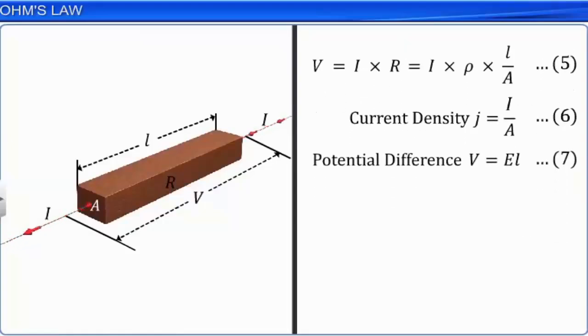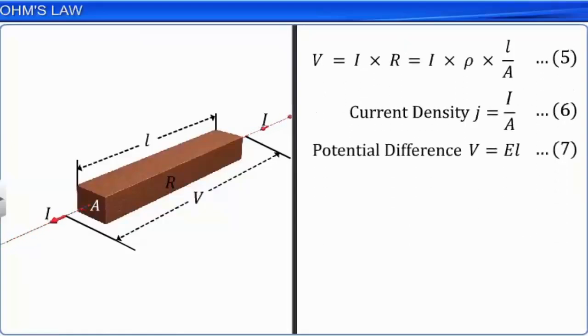Substituting equations 6 and 7 in 5, we have EL is equal to the product of J, rho and L. On simplifying the above equation, we get E is equal to J into rho. Let this be equation 8.